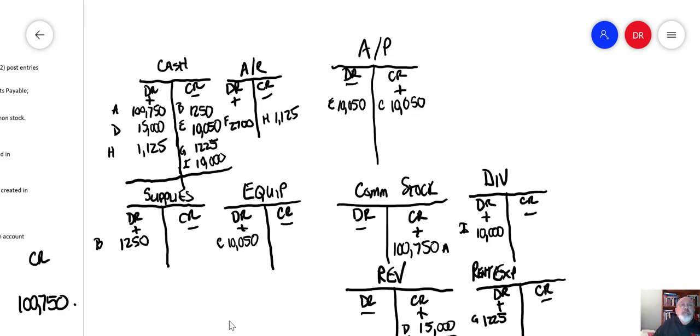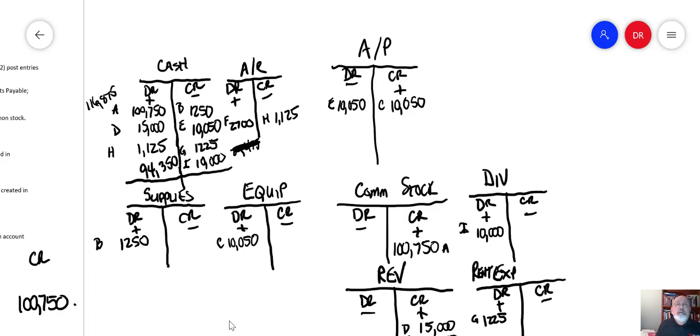When you total these up for cash, you get 116,875, I think, on this side. On this side, this is larger than this, and the balance will be on the debit side. It'll be 94,350.